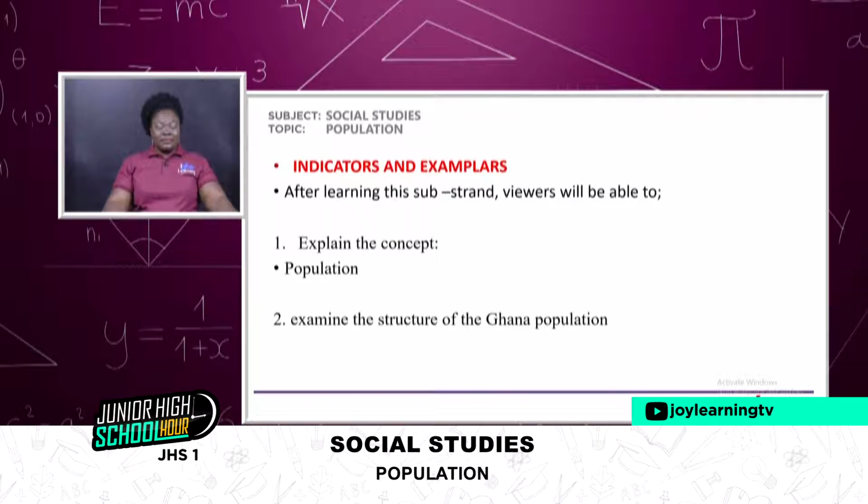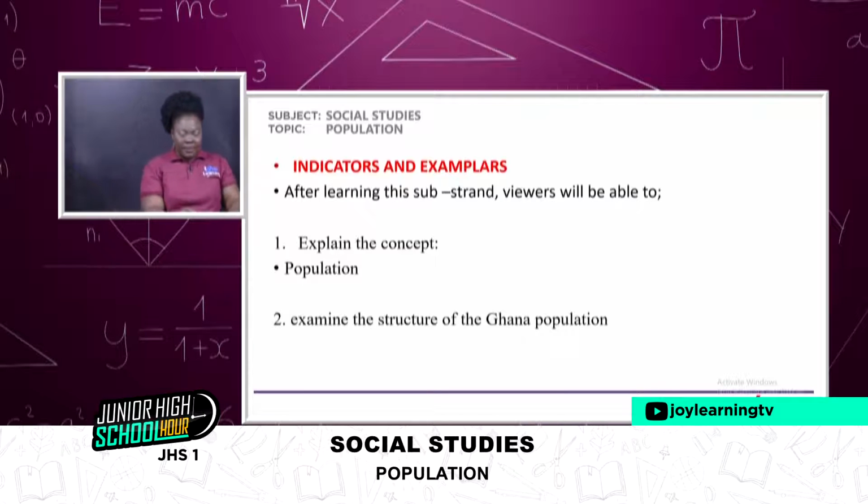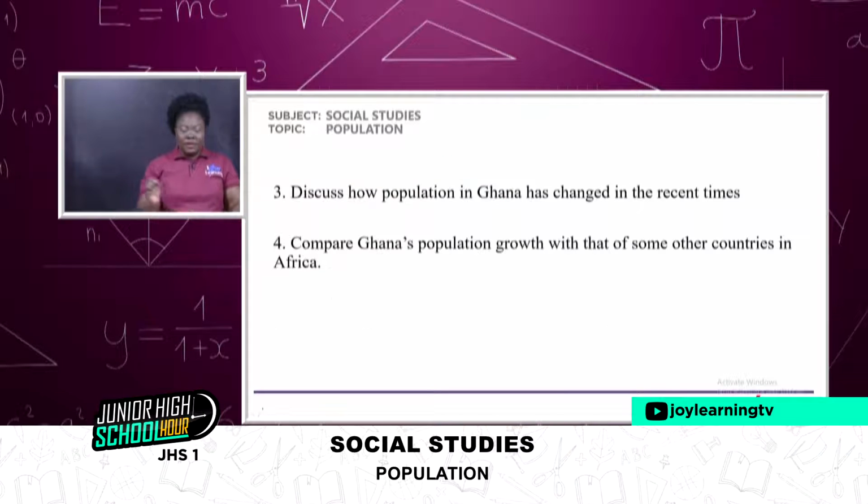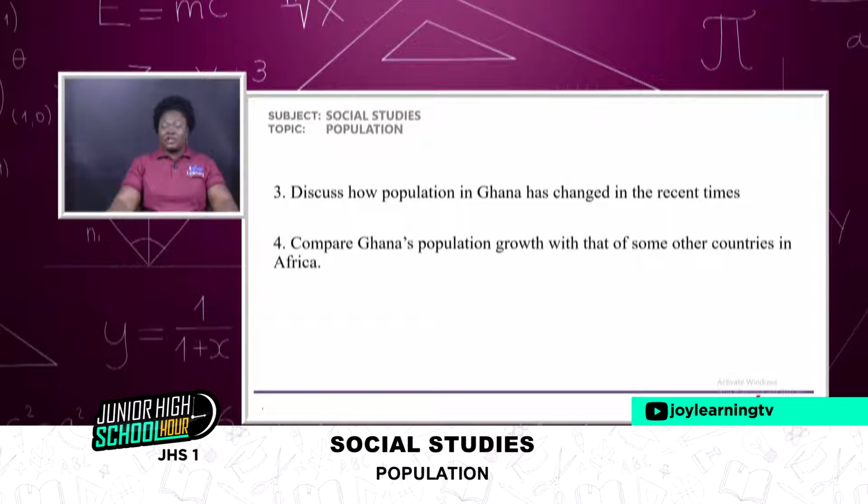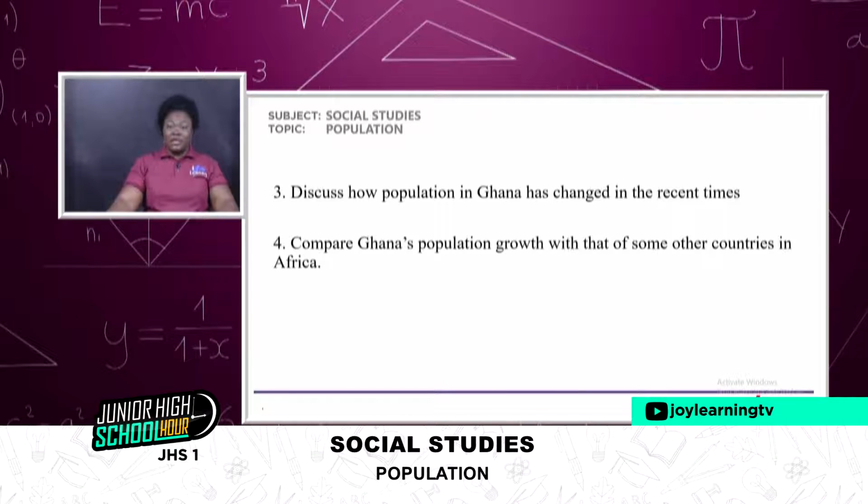After learning the substrand, viewers will be able to: explain the concept population; examine the structure of Ghana's population; discuss how population in Ghana has changed in recent times and compare Ghana's population growth with that of some other countries in Africa.